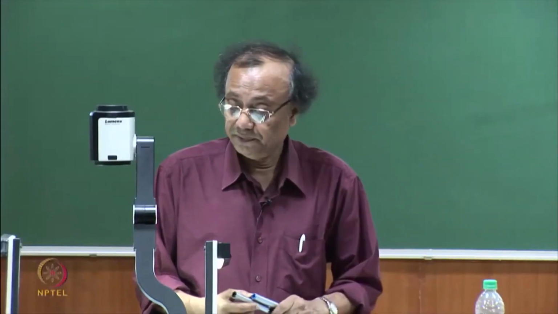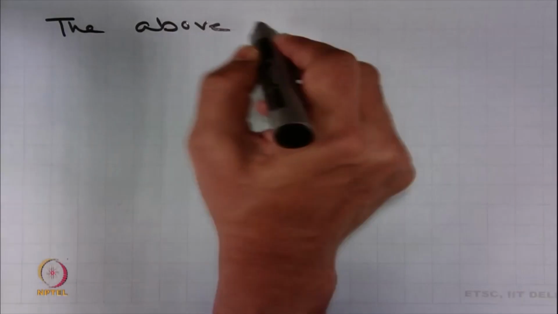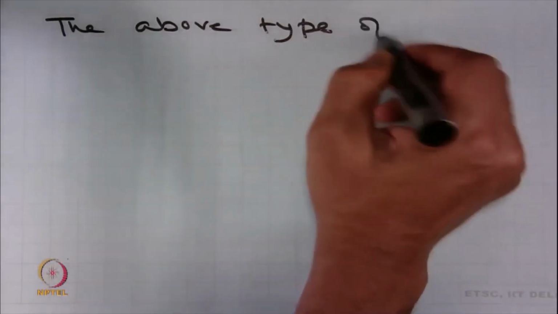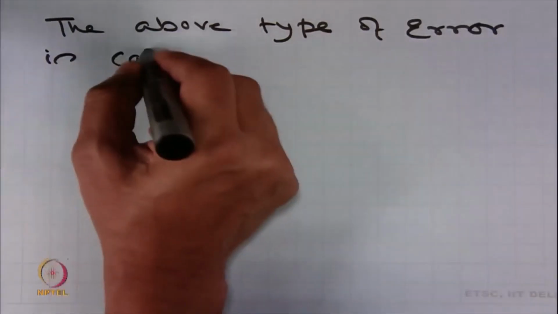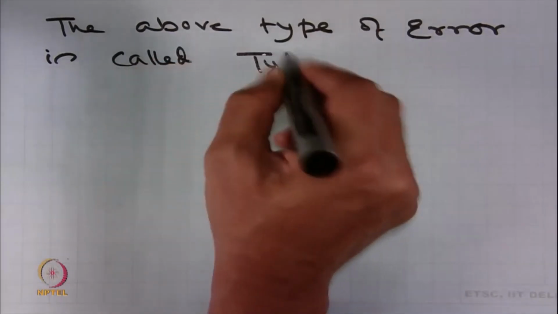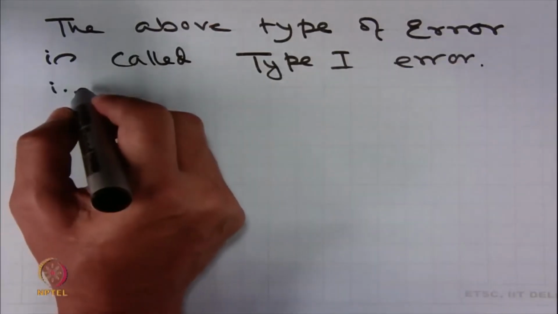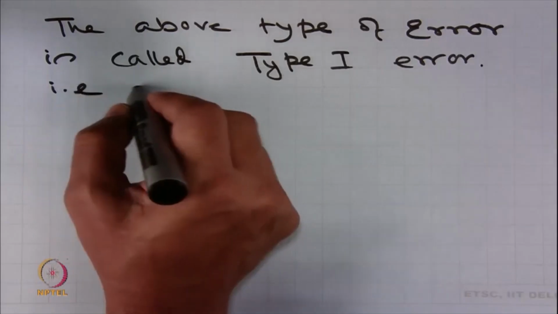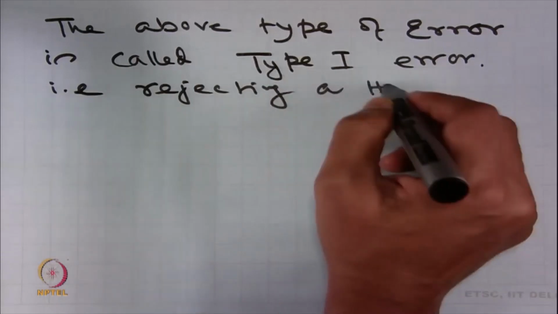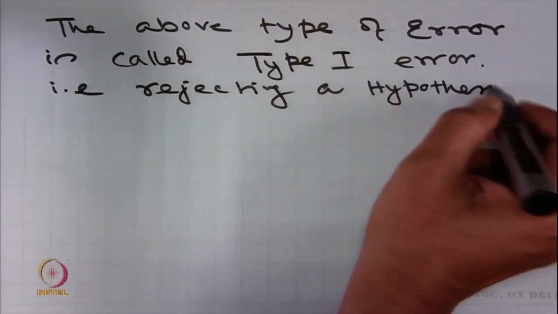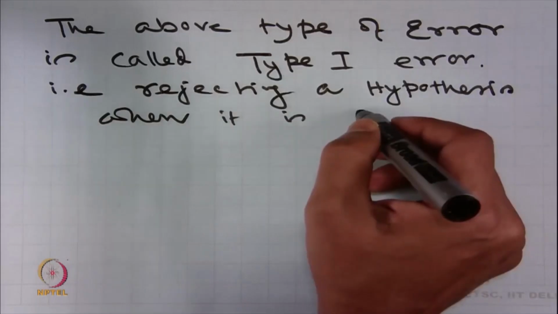The above type of error is called type 1 error, that is rejecting a hypothesis when it is true.